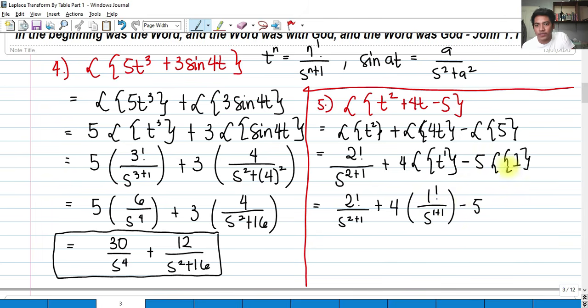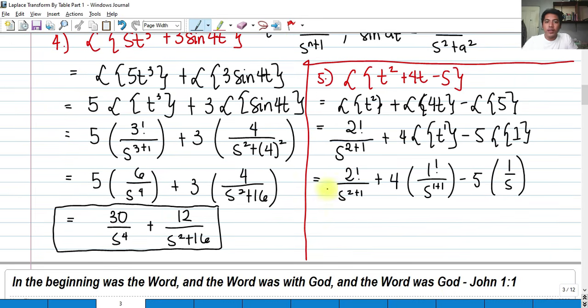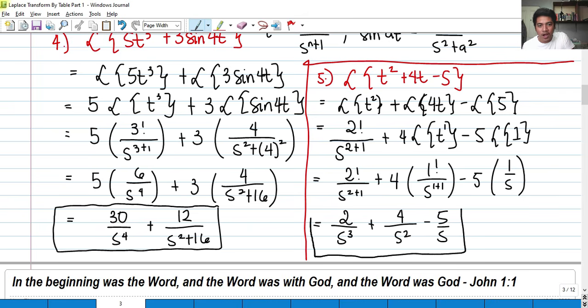Minus 5 times the Laplace transform of 1, which is 1 over s. If we evaluate this, 2 factorial is 2 over s raised to 2 plus 1, which is s cubed. Plus 1 factorial is 1, multiplied by 4, that is 4 over s squared, minus 5 over s. So this should be our Laplace transform for this given problem.